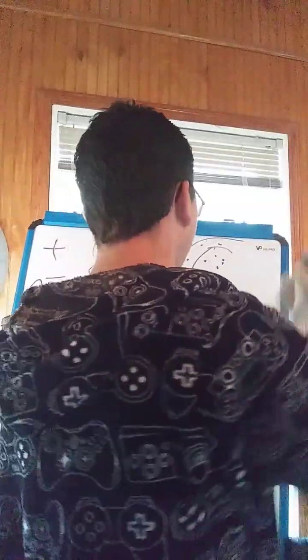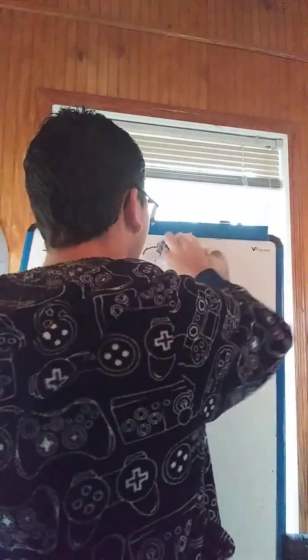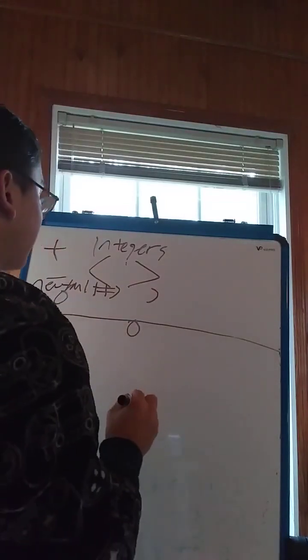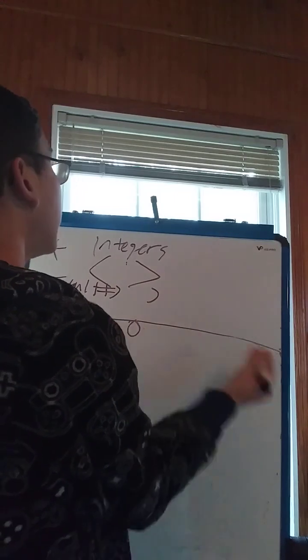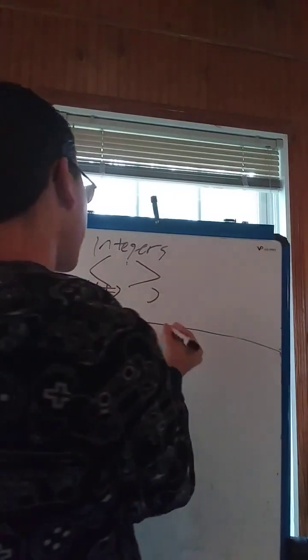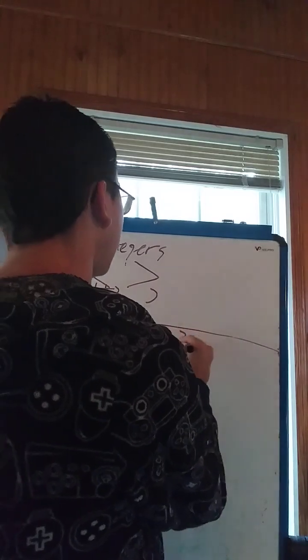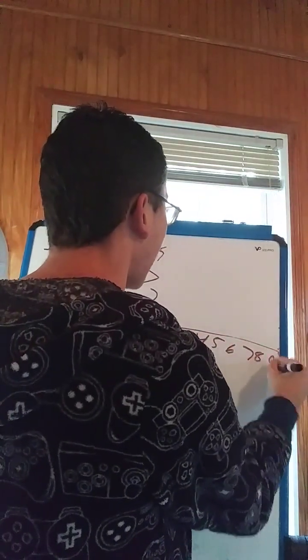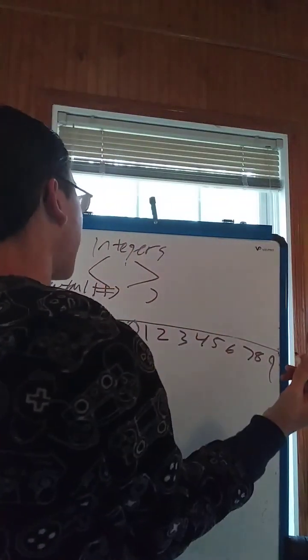Without getting rid of my beautiful number line, this is how it looks. Let's start off with 1, 2, 3, 4, 5, 6, 7, 8, 9, the number line that keeps going on and on.